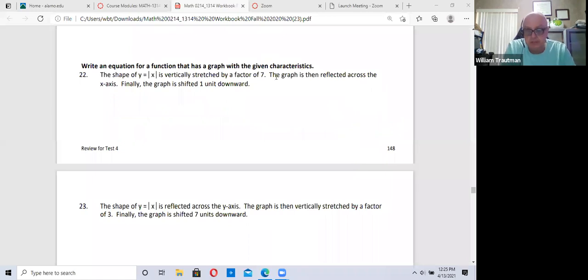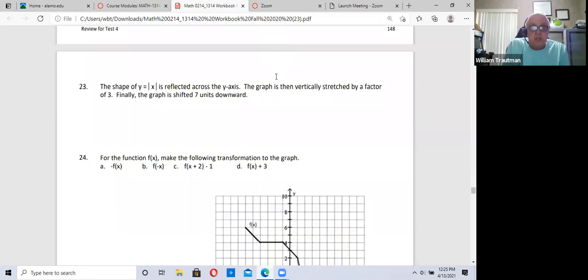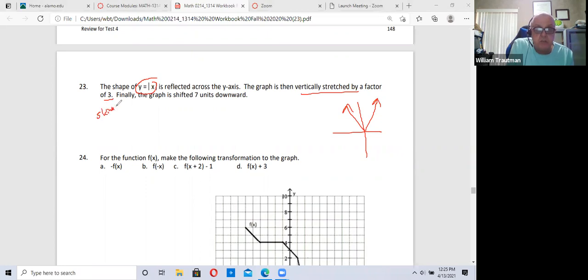Number 23. Once again, there's the original absolute value graph, vertically stretched by a factor of 3. That means it's skinnier by a factor of 3, and shifted 7 units down.